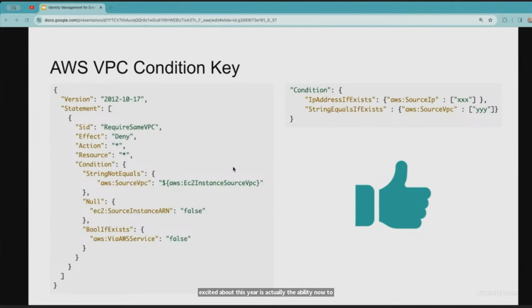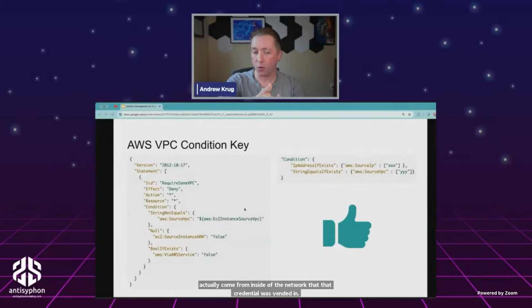So we can say inside of the IAM policy itself, it has to come from inside of the network that that credential was vended in. So if it came from an EC2 instance, it will no longer be valid if I just take it down to my laptop and then use it to run a bunch of recon or a tool like Pacu or another cloud red team tool.